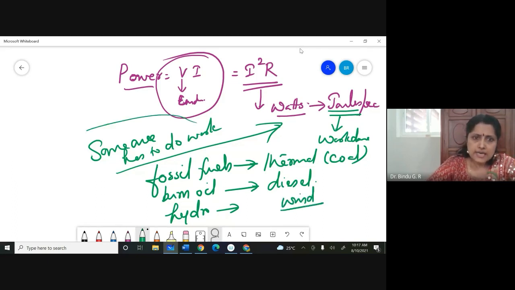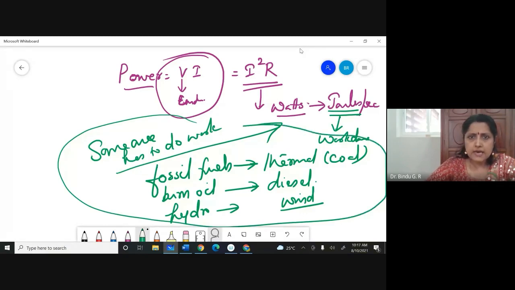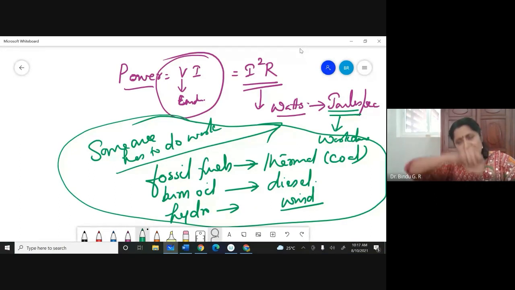So these are the sources which do work so as to rotate the coil or the magnetic field, or so as to bring in the change in magnetic field so that induced EMF is produced.